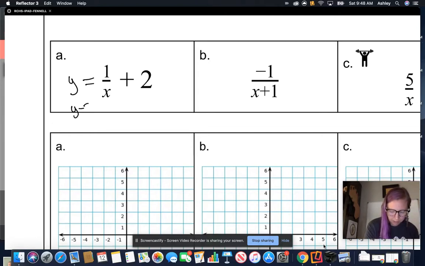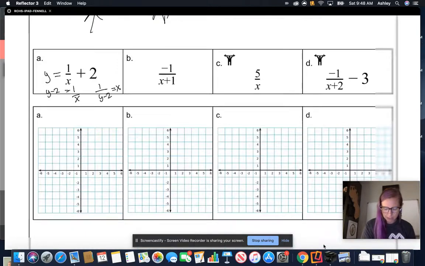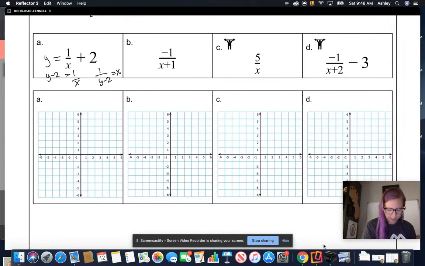I'm going to get Y minus 2 equals 1 over X. When I switch those, I get 1 over Y minus 2 equals X. So my horizontal asymptote is going to shift up to positive 2. My vertical asymptote is going to be 0 because that's the value of x that would make it undefined.